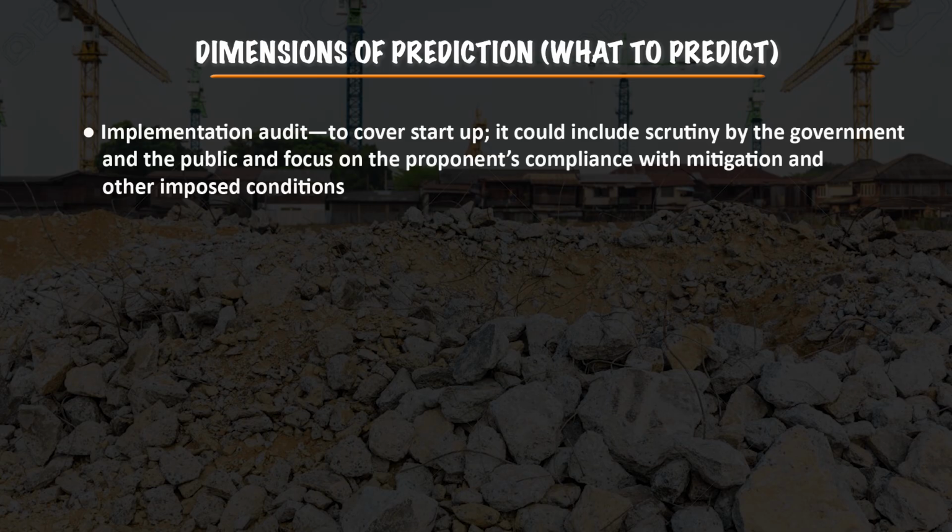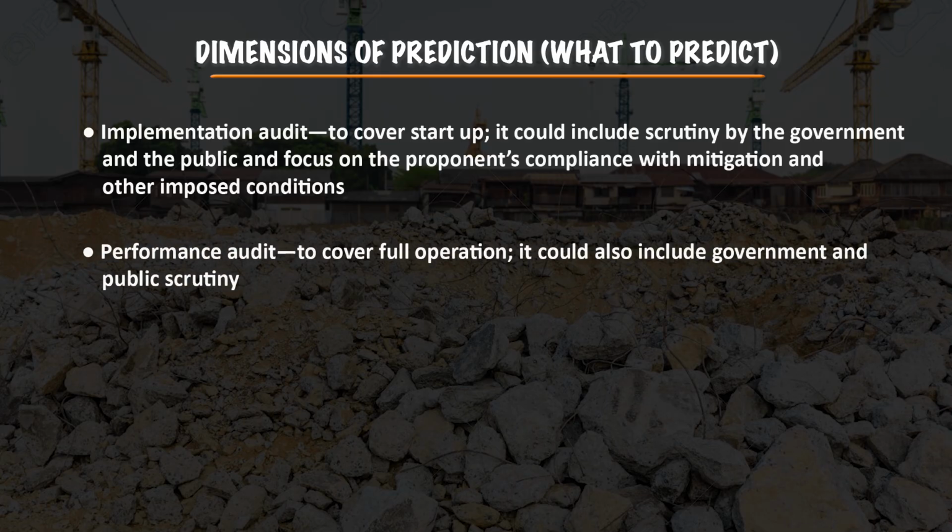Then an implementation audit, which covers start-up, could involve scrutiny by the government and the public, and focuses on the proponent's compliance with mitigation and other imposed conditions. Or it may be a performance audit, which covers full operation.